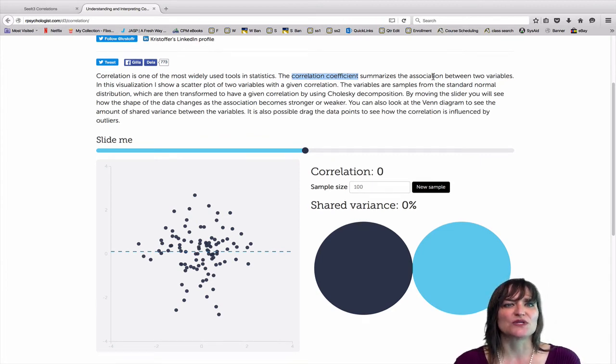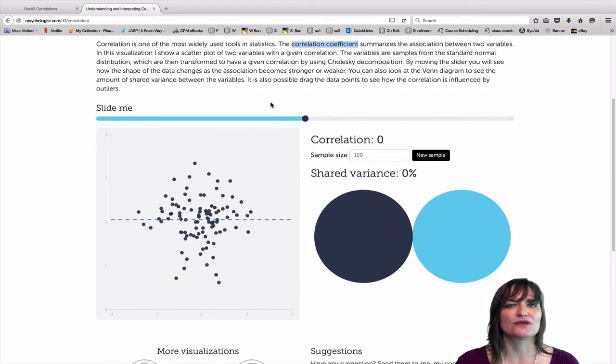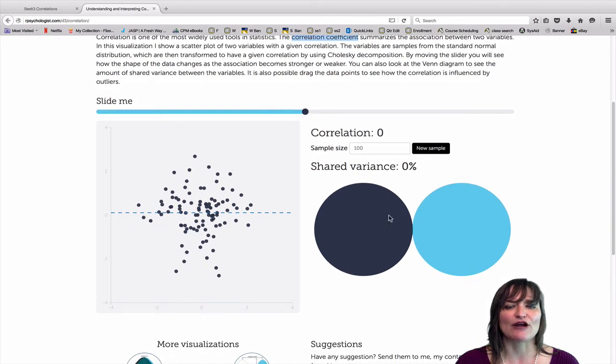Summarizes the association between two variables. Okay? So we've got variable A and variable B, and at the moment they're not overlapping at all. And so if variable A was plotted along the x-axis and variable B was plotted along the y-axis, we'd get this pretty random cloud of spots here.